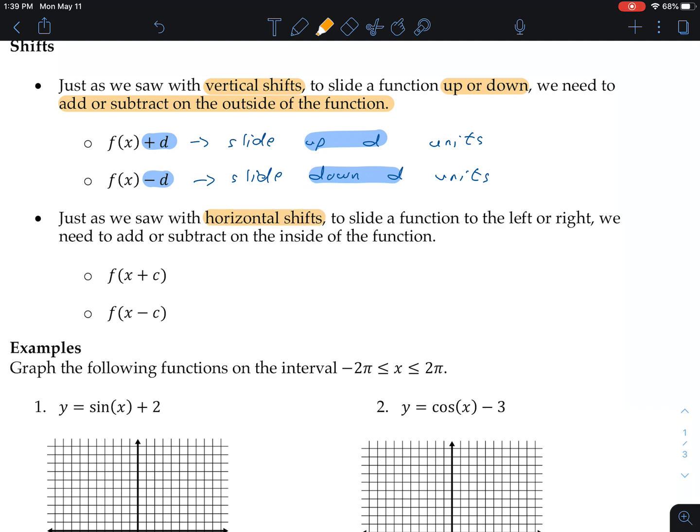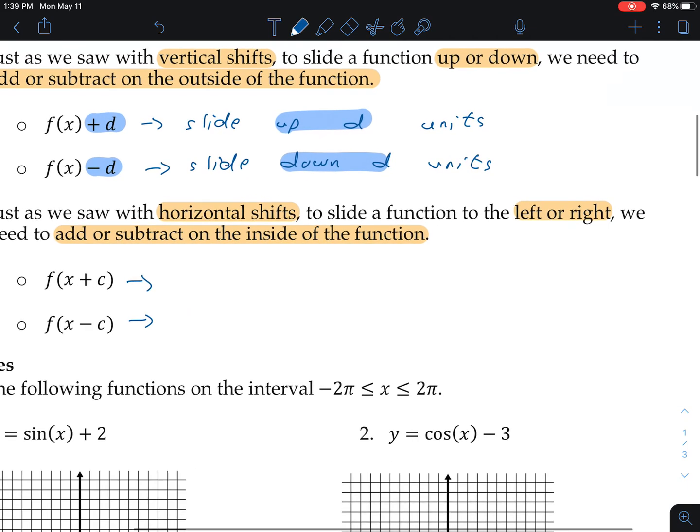So, and these are the harder ones, horizontal shifts. That's when you go left or right, and that's adding or subtracting on the inside, right? And that's the difference, either adding and subtracting on the inside or outside. And we saw that whenever it was horizontal, it was kind of opposite.